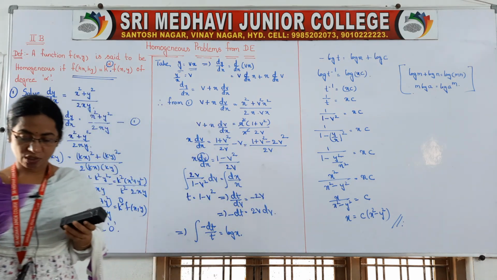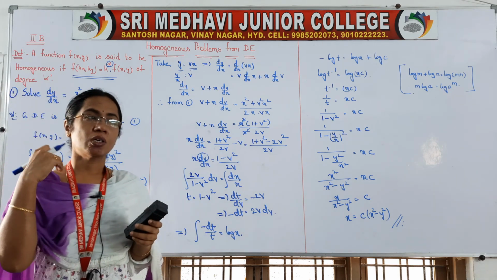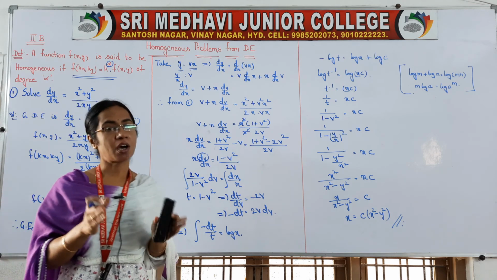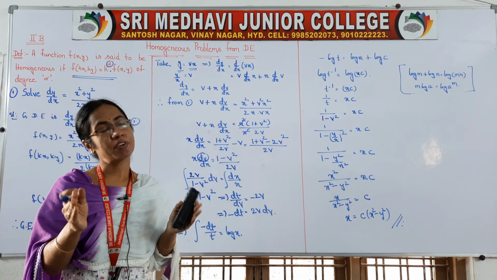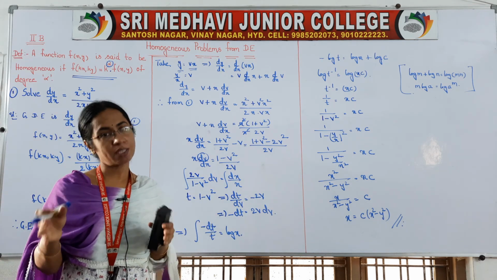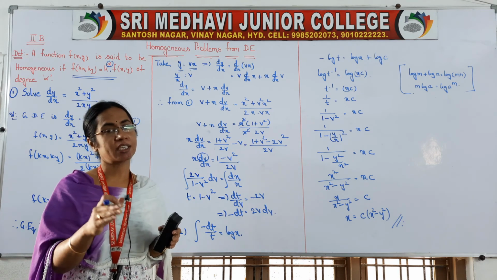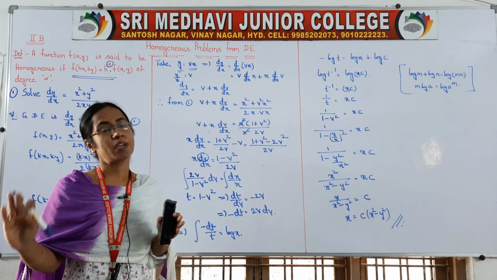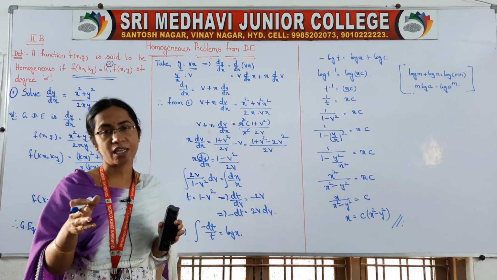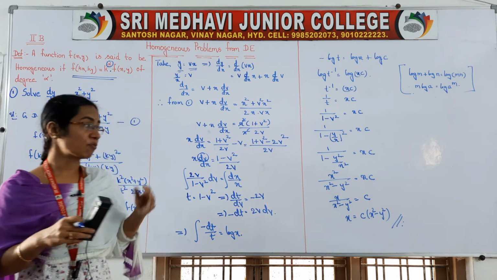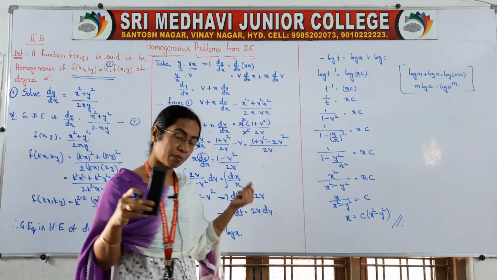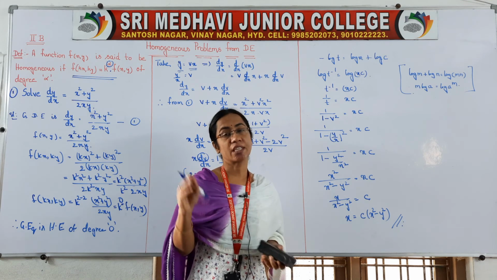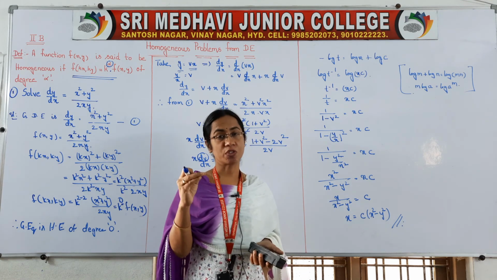First of all, you have to observe whether it can be written in variable separable form or not. If variable separable form is possible, go for that one. Directly separate the variables, x variables into dx, y variables into dy, then take the integration. But if variable separable is not possible, then we have to check whether the given equation is in homogeneous form.